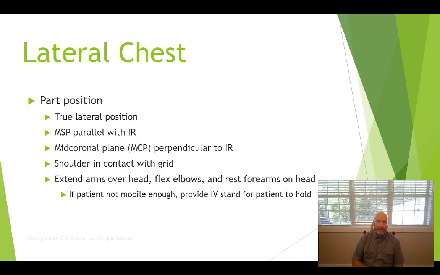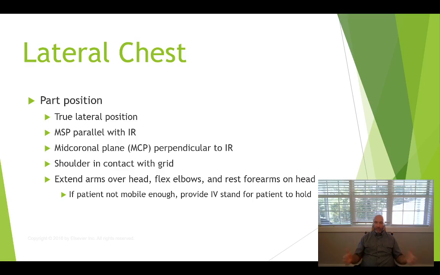So true lateral position, what we want is the mid-sagittal plane parallel with the image receptor. We want the mid-coronal plane perpendicular to the image receptor. You want their shoulder in contact with the image receptor or the vertical grid device. That comes with a caveat.